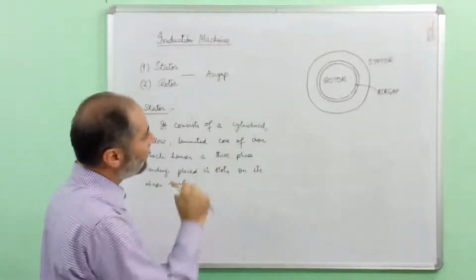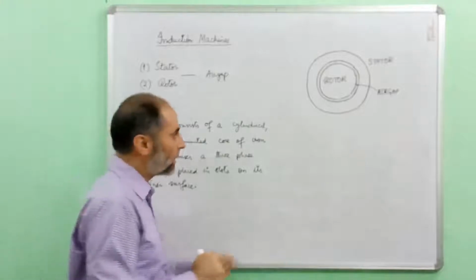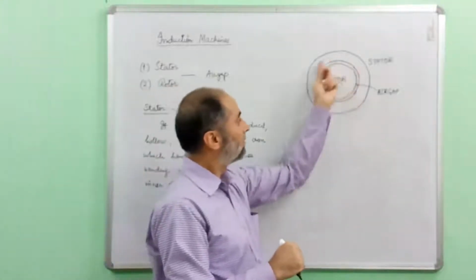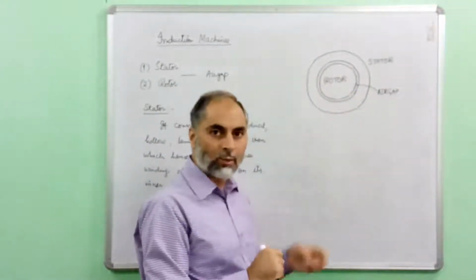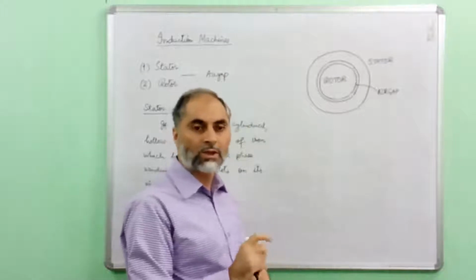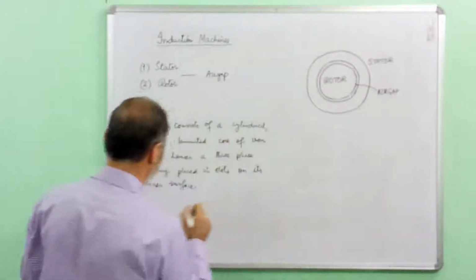Now this winding, when it is supplied from an external source, and as the currents flow in the winding, results in production of a rotating magnetic field.